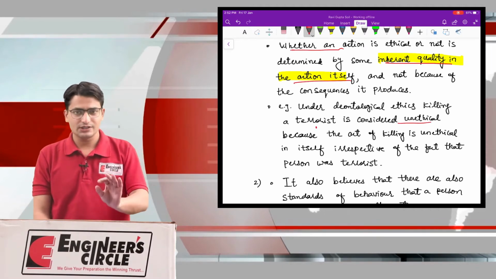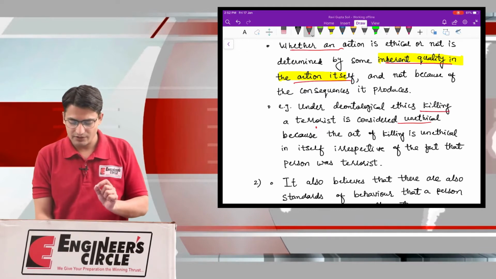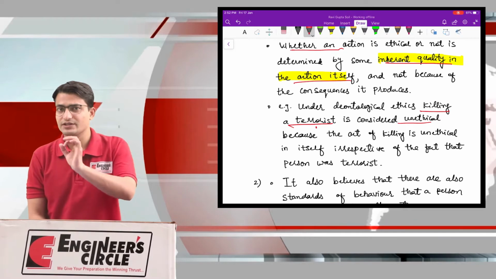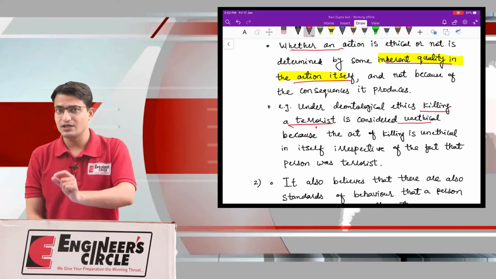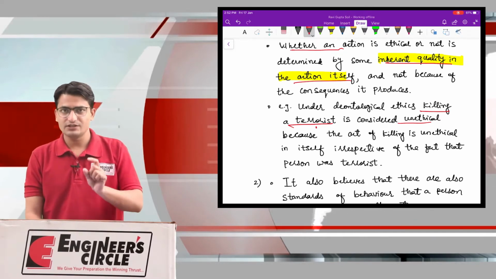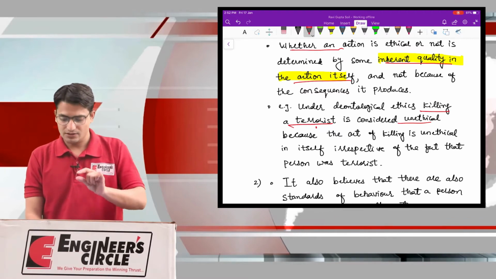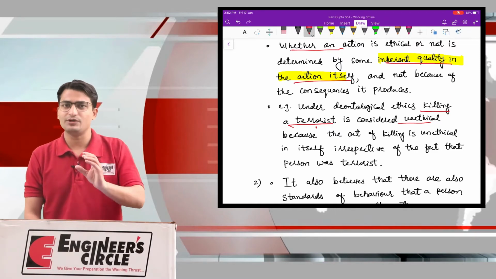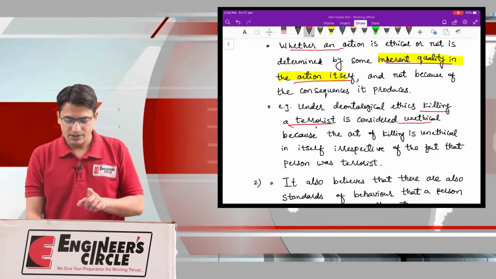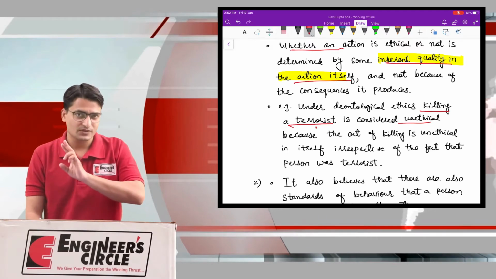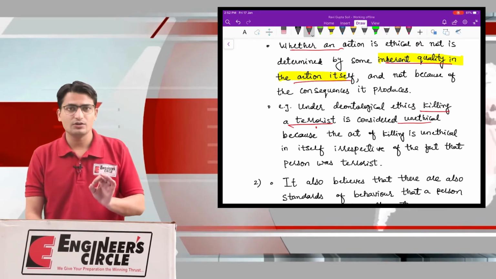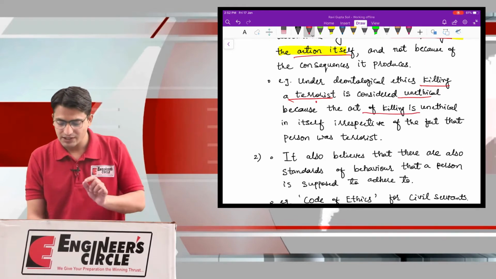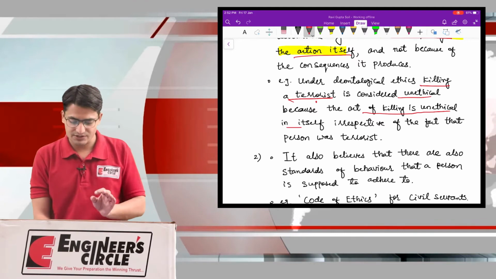If you are talking about duty ethics and you say that I want to kill a terrorist, knowing that terrorism itself is an unethical act, and you want to kill the terrorist through the law itself, that is, by giving capital punishment, deontological ethics says that no, this is not permissible. Why is it not permissible? Because the act of killing is unethical in itself.